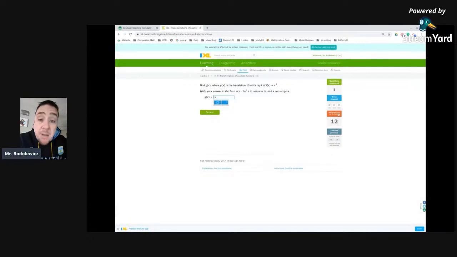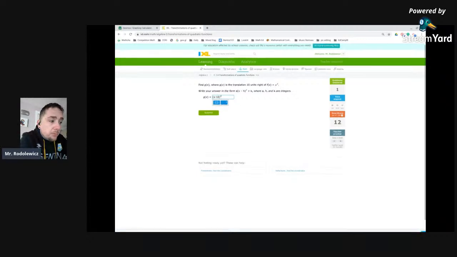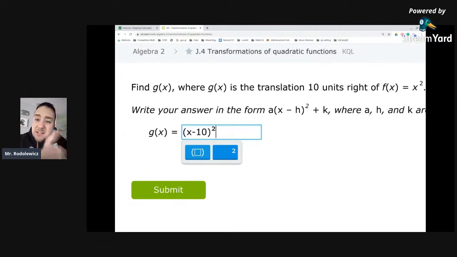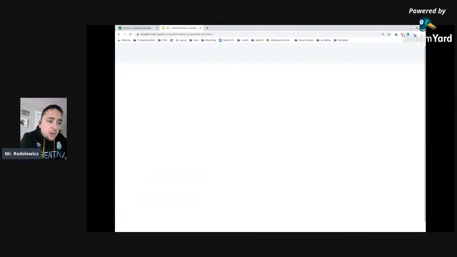I'm going to write minus 10 inside the group, and then square the group. See the difference there? Inside, we'll translate it, we'll shift it left or right, and inside opposite. It's a nice little phrase, inside opposite. Just got to remember that's your horizontal effect. Submit, good to go.